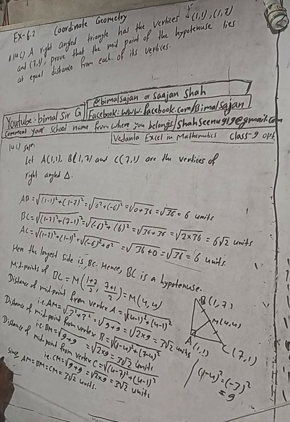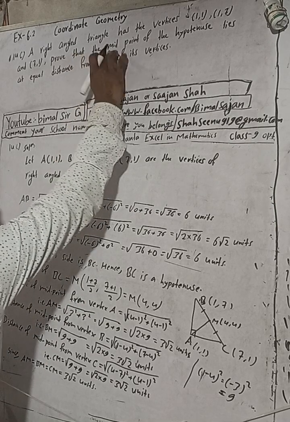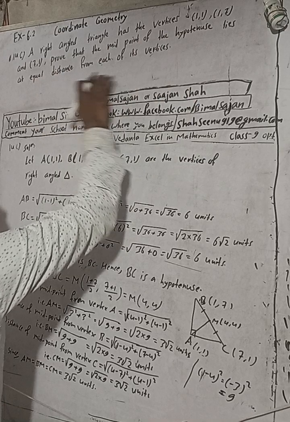Therefore we can write now this language. Therefore the midpoint of the hypotenuse lies at equal distance from each of its vertices.